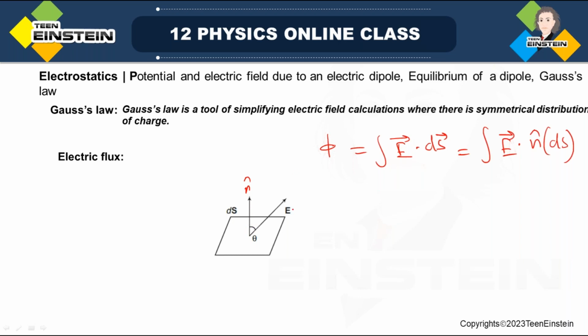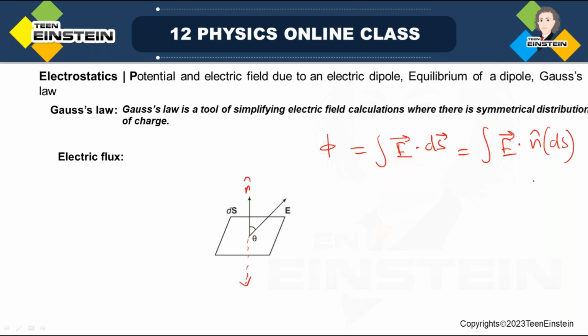For a closed surface you take the outward normal; for open surfaces, any direction. We could have taken this direction also. But one point to remember: while rotating the surface, the normal should not change.